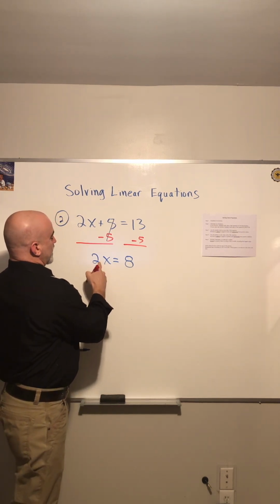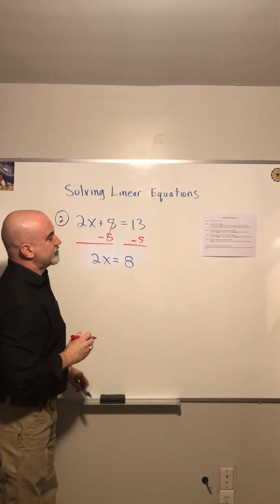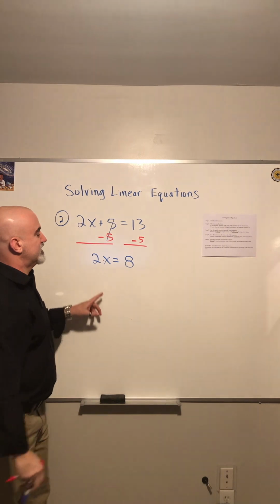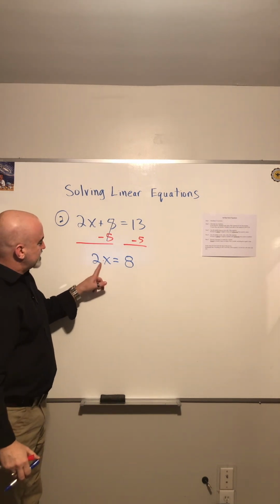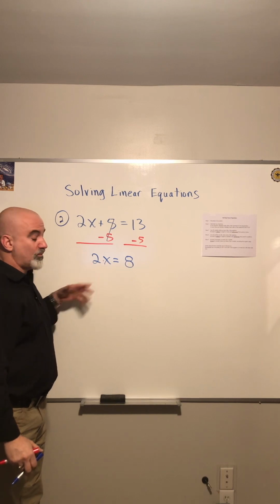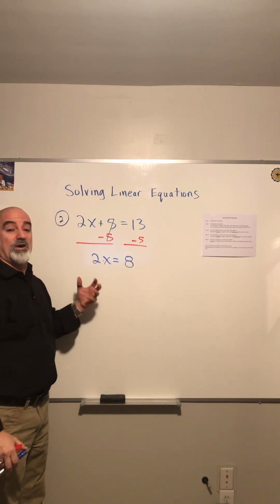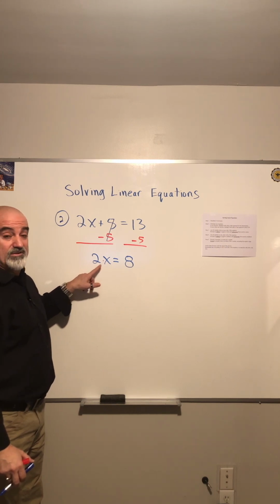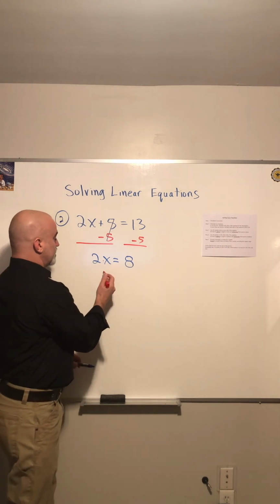It says here divide by exactly what is in front of the variable, including the sign. So in this case, there's a 2 here. This x has been multiplied by 2. I want to undo that. The opposite of that would be divide by 2. I want to get rid of that 2.